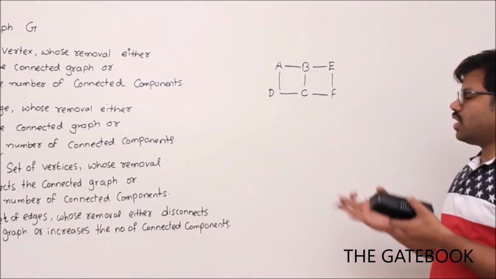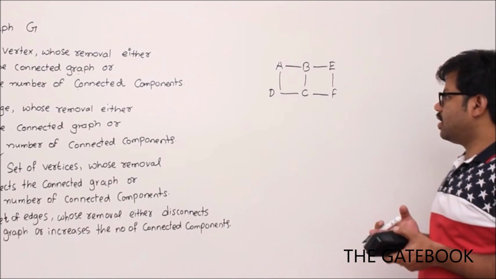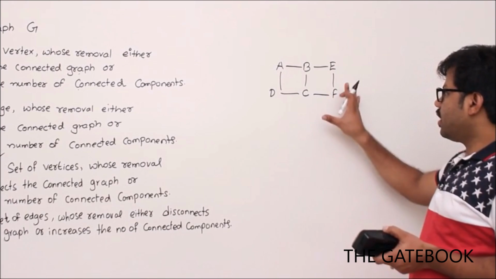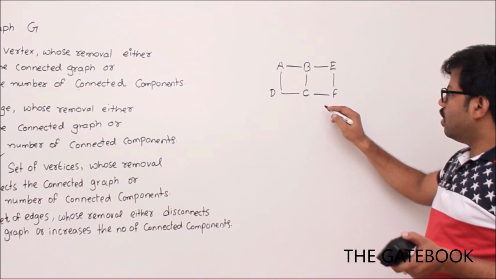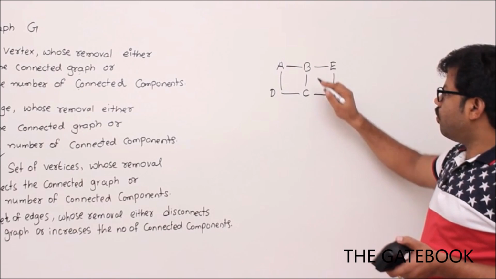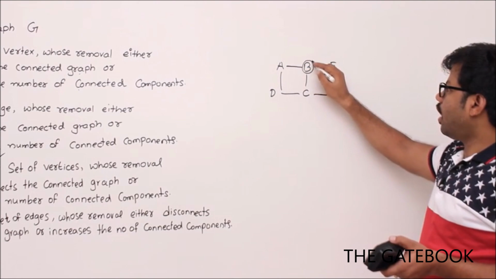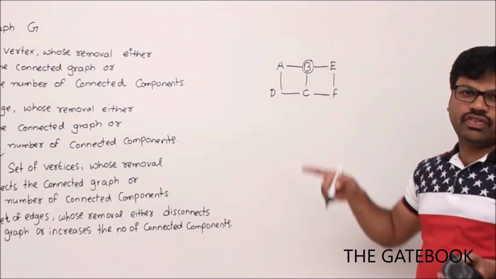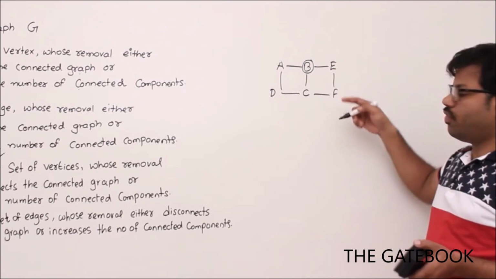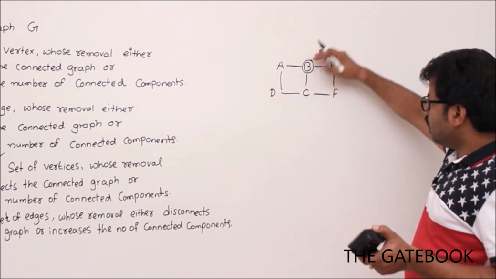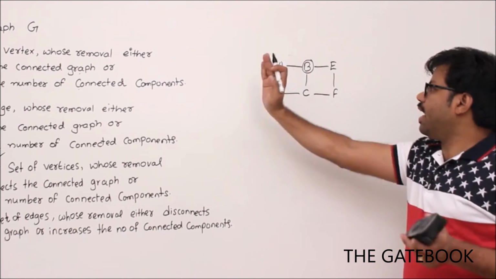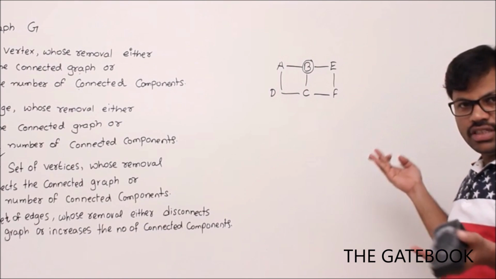Otherwise, the number of connected components should be increased. If I remove B, then I think it cannot disconnect the graph. So I need a combination of more than one vertex. Let's try BC. If I remove BC, then probably AD will be separated from EF, isn't it?